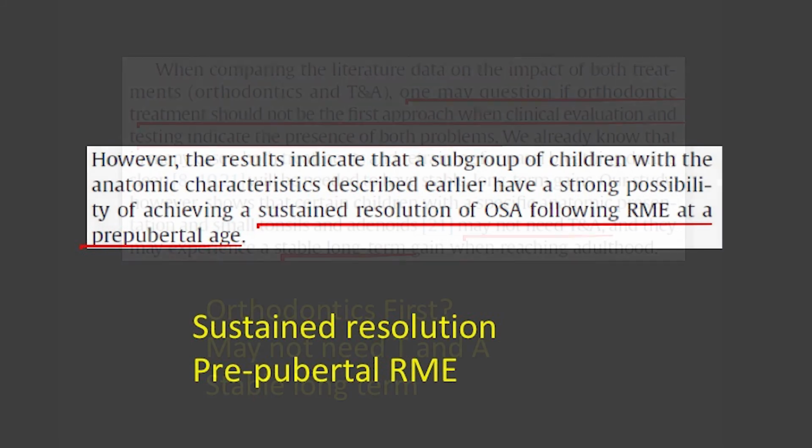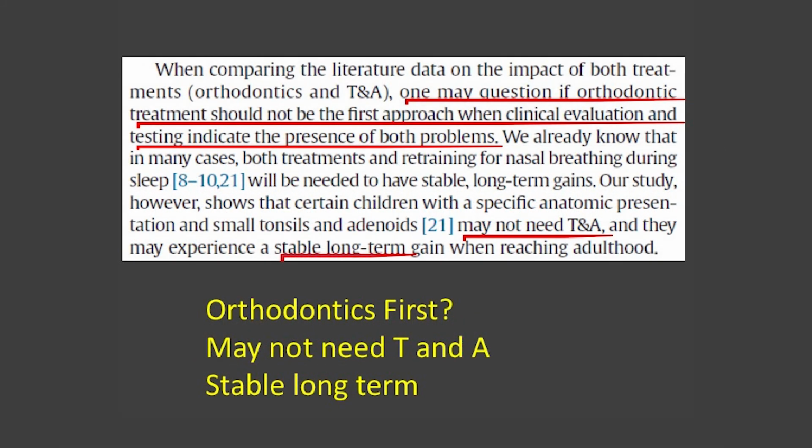Then they say one may question if orthodontic treatment should not be the first approach, if clinical evaluation and testing indicate the presence of both problems. In other words, what they're saying in their discussion is the patient presents with enlarged tonsils and adenoids, which we know are going to shrink as they grow older, and they have a narrow palate. Maybe orthodontics should be considered first.